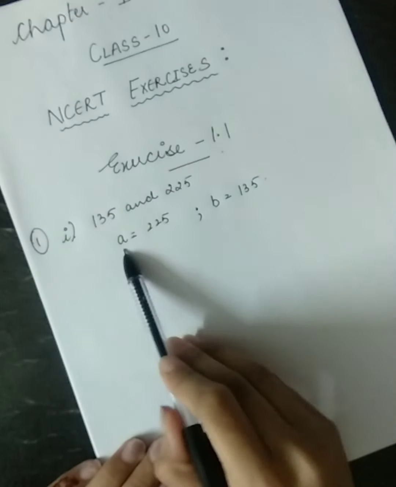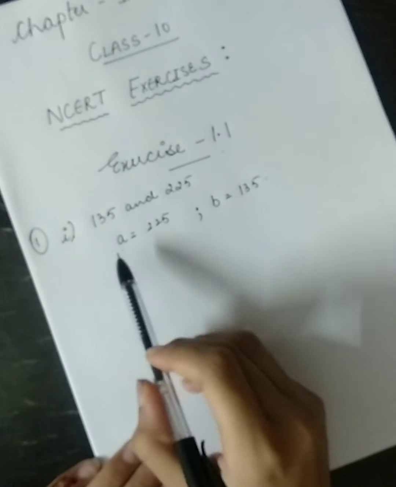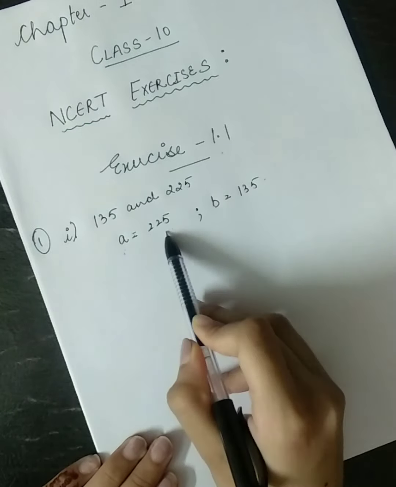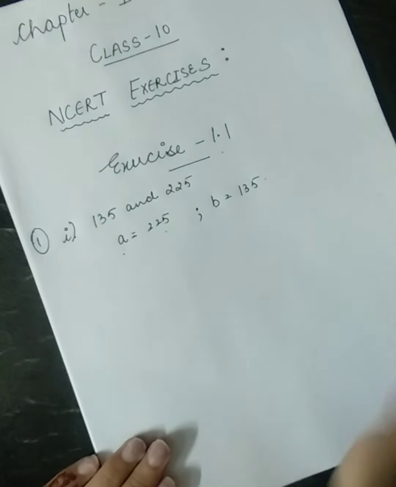We know that while taking the numbers as A and B, A is always the largest number and B is always the smaller number.